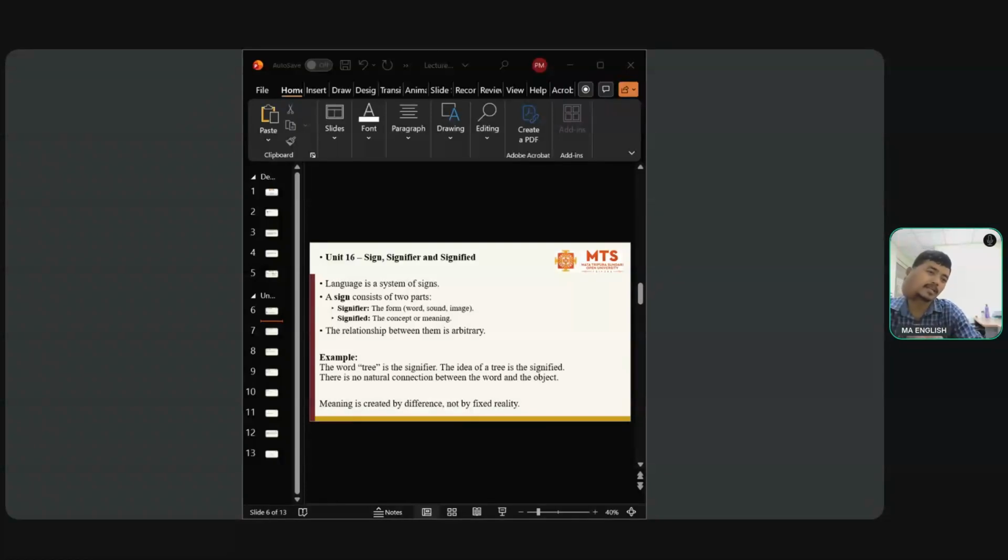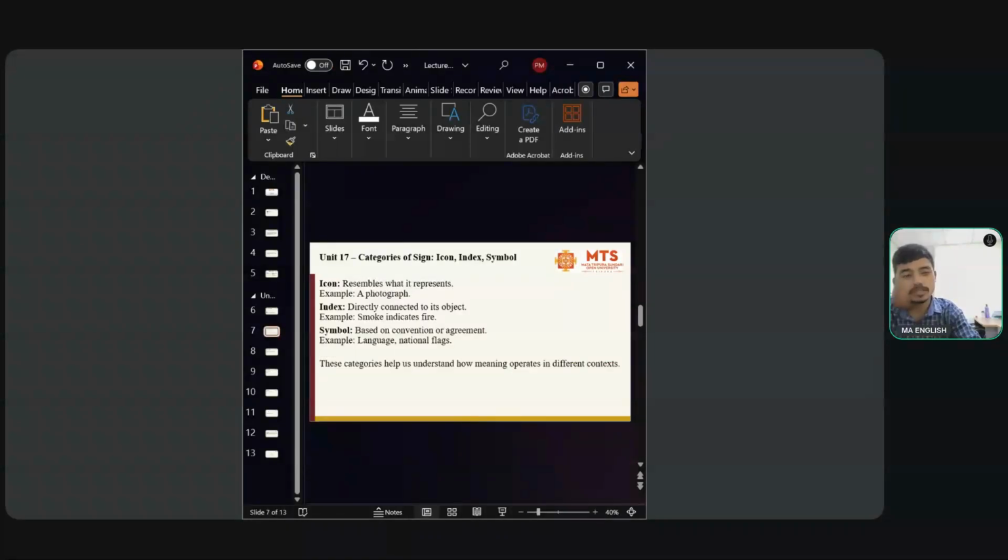So now, let's move on to the next unit, that is unit 17. That is categories of sign like icon, index, and symbol. Here we shall look into the main three categories, right? These are icon, index, and symbol.